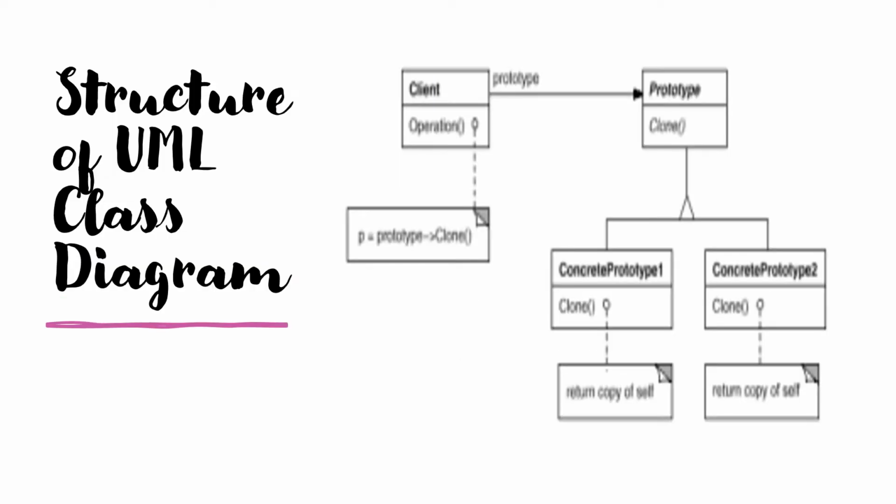And this is a sample of the UML class diagram where we have the client that will make a prototype. The prototype will need the concrete prototype to create the needed prototype for it.